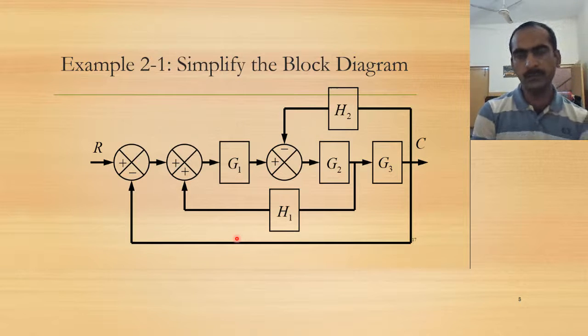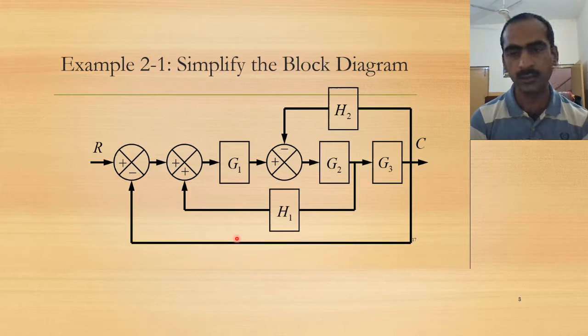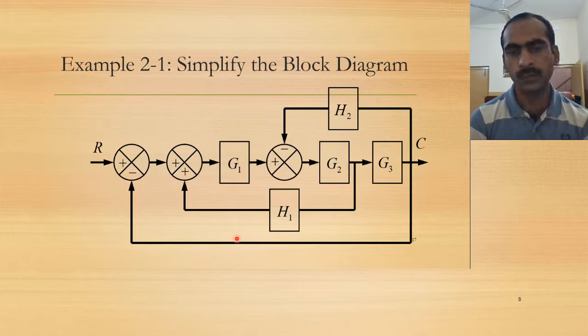And the rule for simplification is we will be looking for the series connected blocks or parallel connected blocks, or the loop back connection blocks.